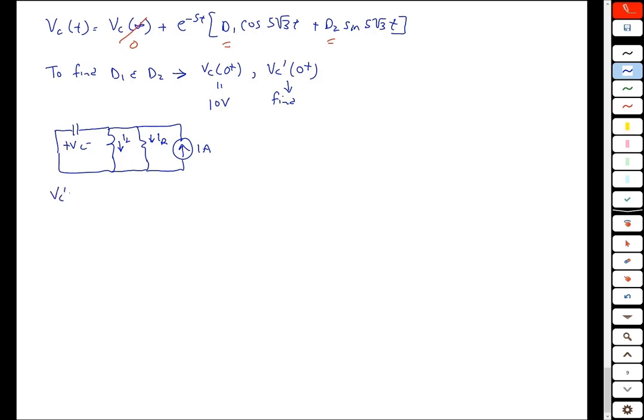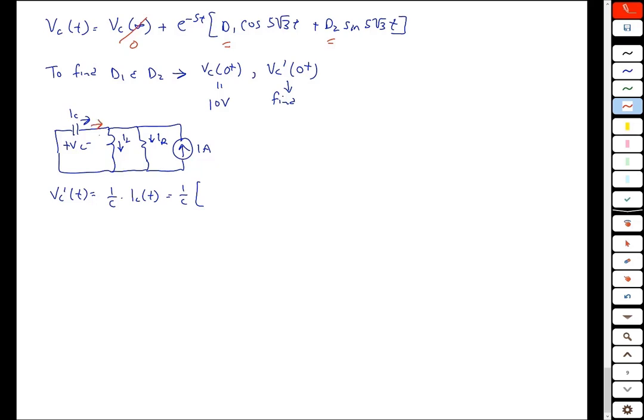Vc prime of t is what? It's 1 over C times the current through the capacitor. Current through the capacitor is defined as that direction there. Once again, once we define Vc, the direction of IC is defined for us. But what's IC?